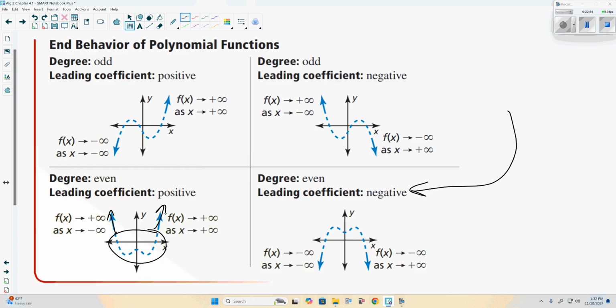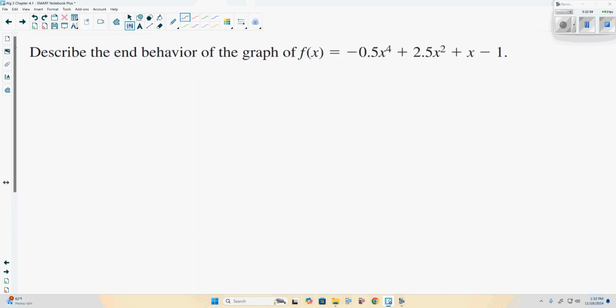All right, so let's look at this first one here. We want to find the end behavior of this. Now, what is the degree? Degree is 4, which is even.